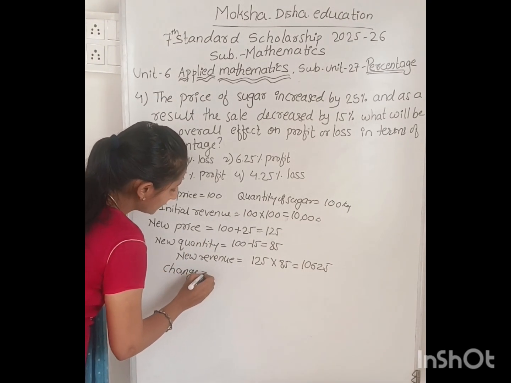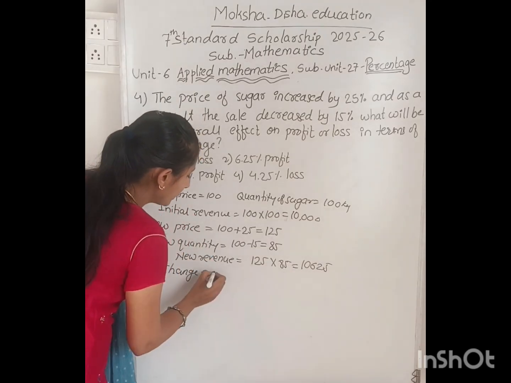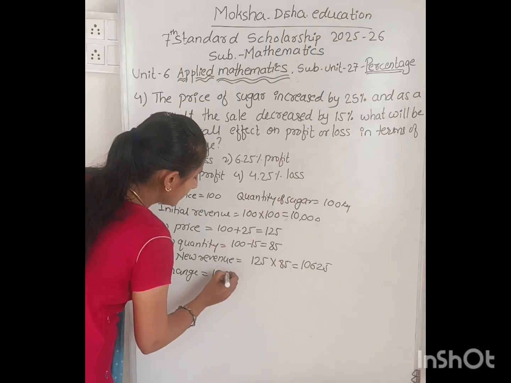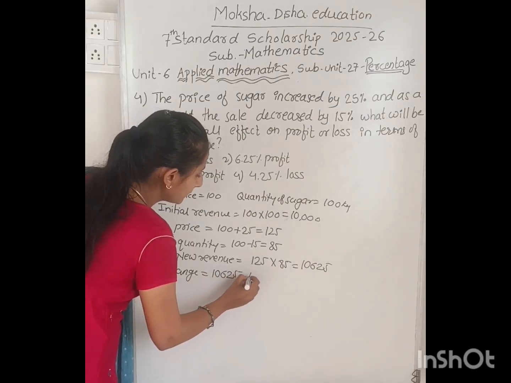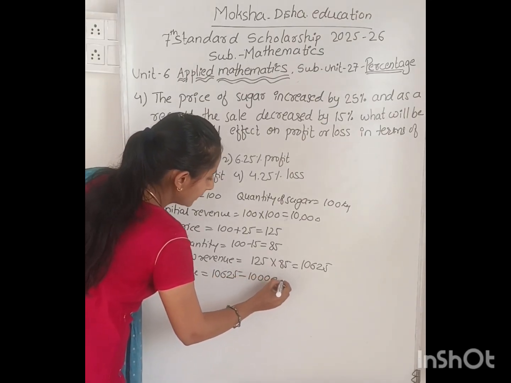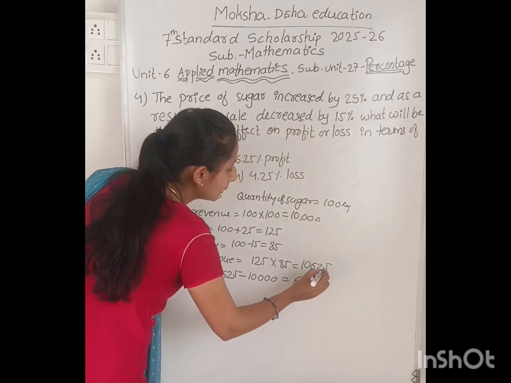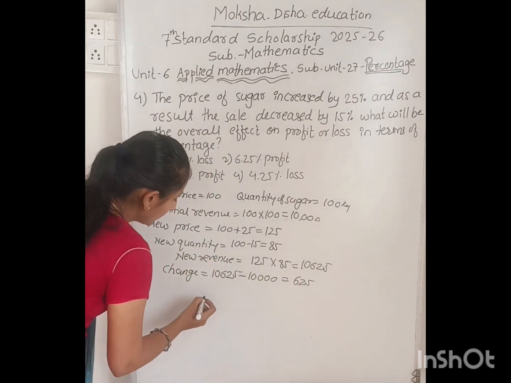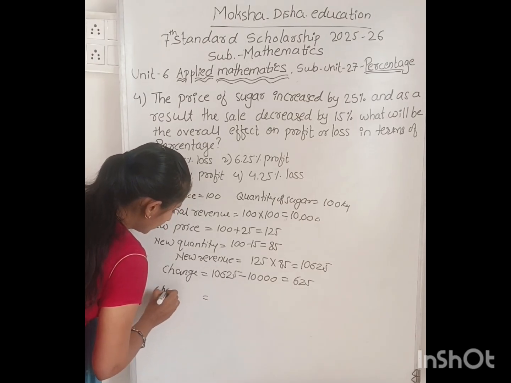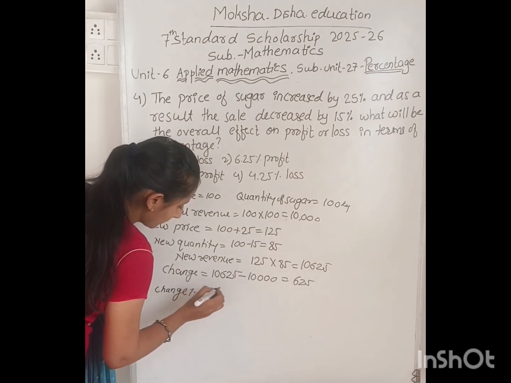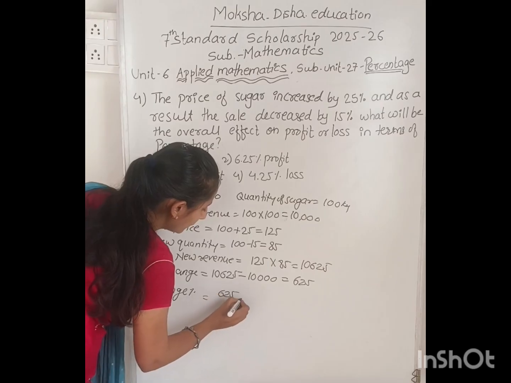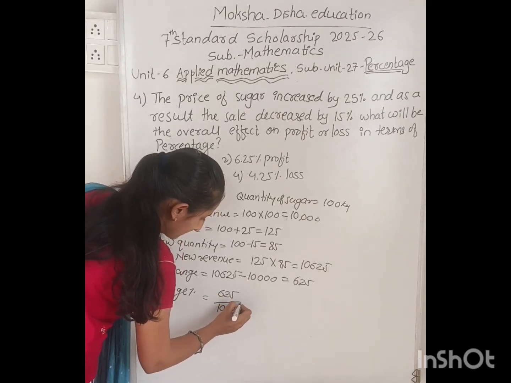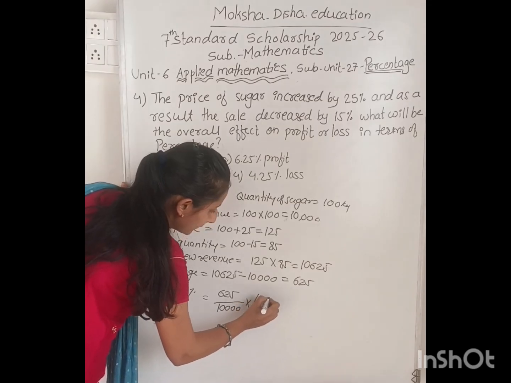Now we have to find out the change in percent or change in the amount. Change or difference is equals to new revenue, because this is greater than initial revenue. 10,625 minus 10,000 is equals to 625. Now we convert this into percentage. Change in percent is equals to 625 upon 10,000 into 100.